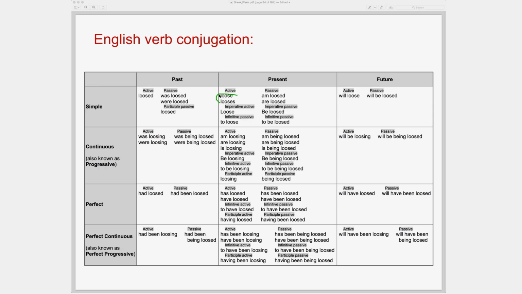Okay, I loose, he looses. Traditional translation doctrine would say, change the color, would say do this. Okay.